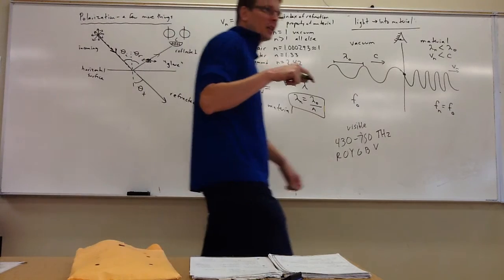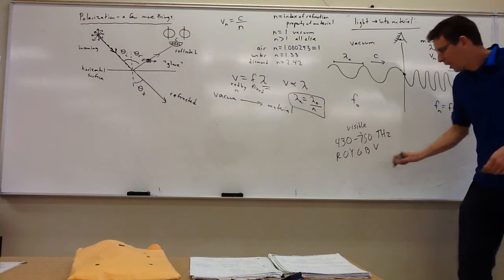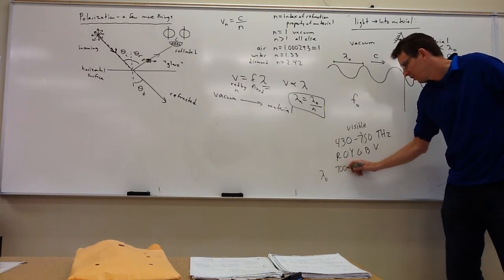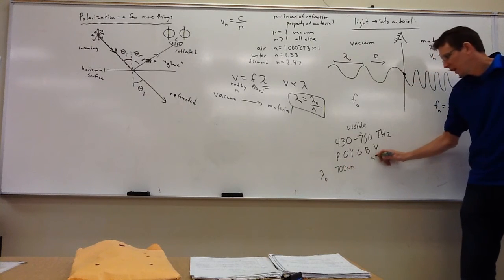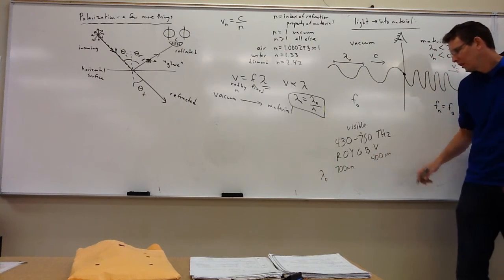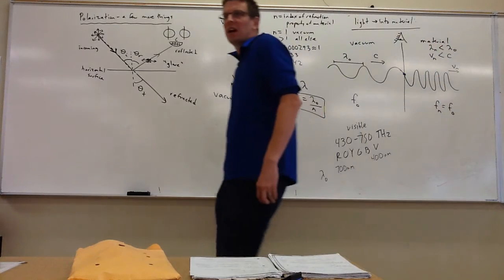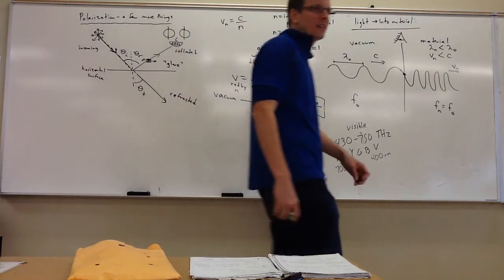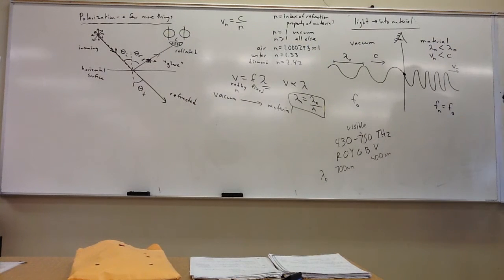Now these particular frequencies correspond in a vacuum with red being 700 nanometers and violet being 400, but those frequencies do not always correspond to those wavelengths. So if someone says, well, you can't see 200 nanometer light, it's too low of a wavelength, well, you can say, I can see it just fine. Just send it to me.